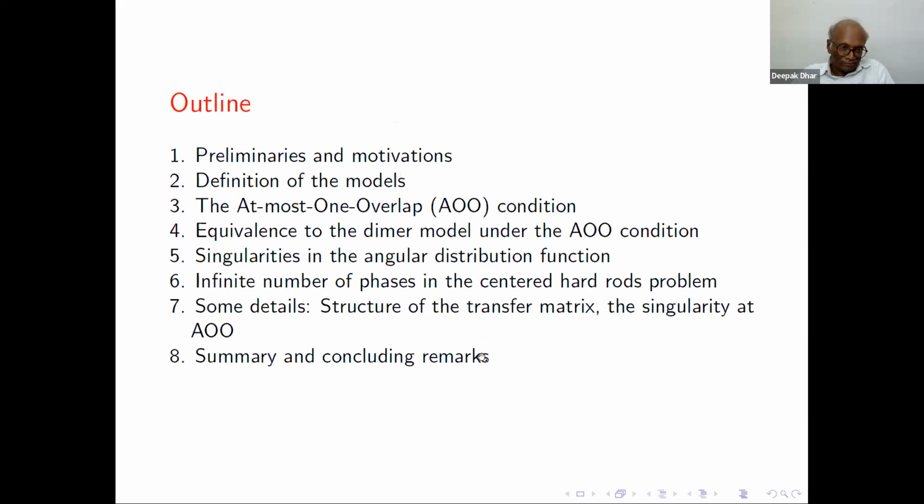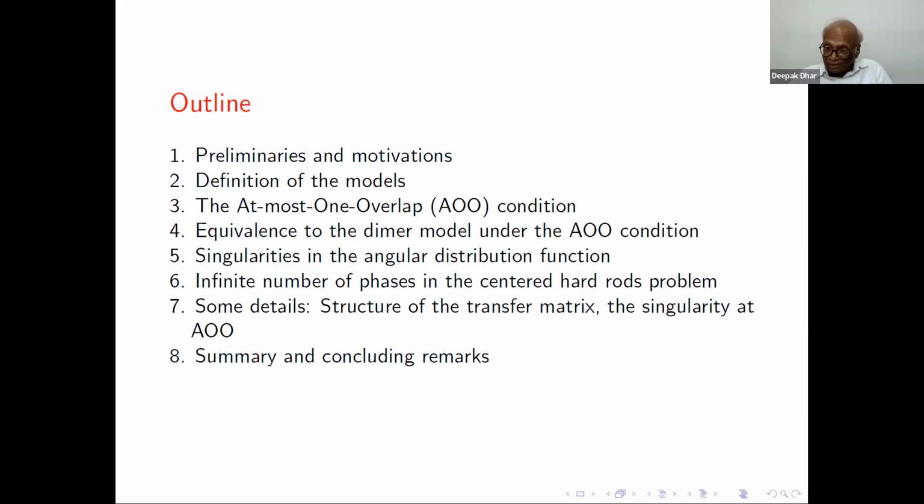So this is the outline. I will start with preliminaries and motivations for this work, and take some time to do this. And then I will define the model we study. And then I will explain what this at most one overlap condition is, which is a special condition on the parameters of the model, which lets you solve the model.